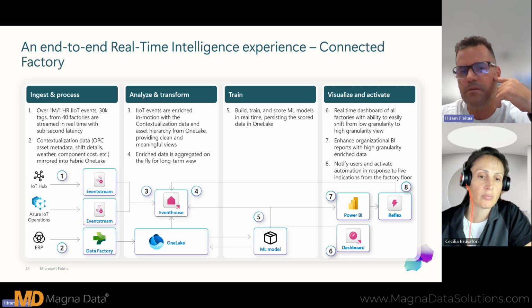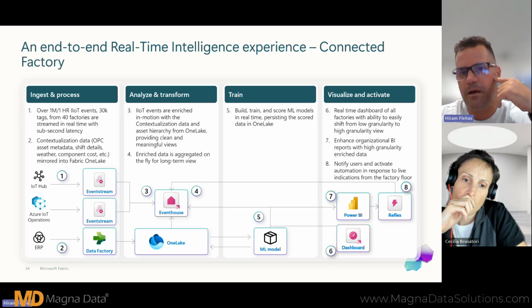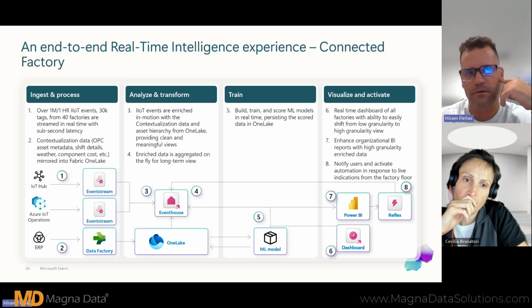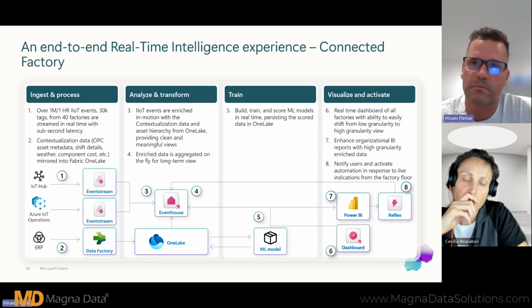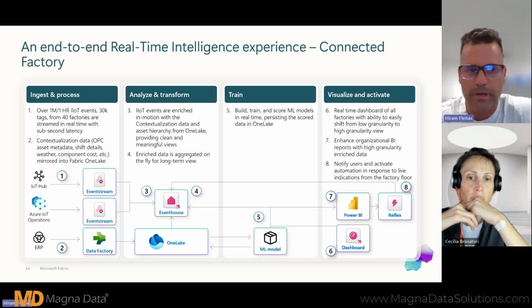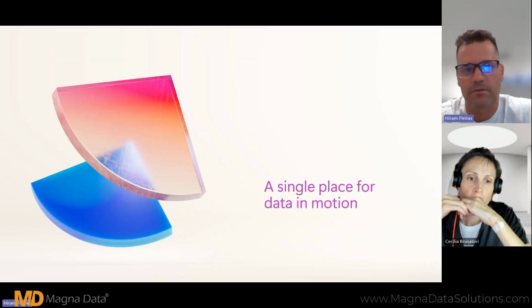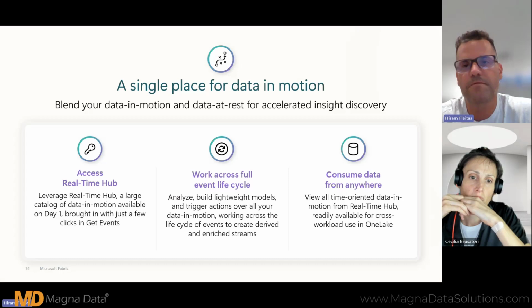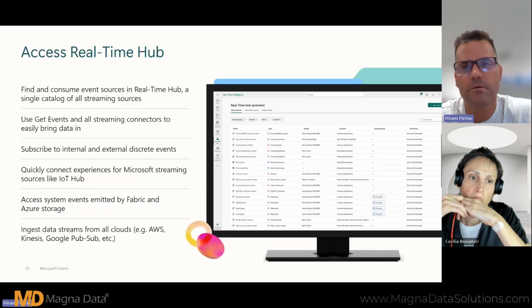And then it could be consumed by Power BI or the real-time dashboards or Reflex for presentations and visualizations. And on top of this, via OneLake, you could use the data engineering features to develop your own custom ML models for forecasting, anomaly detection, and so on and so forth. So that's very common for our industrial IoT customers that have these sort of appliances.